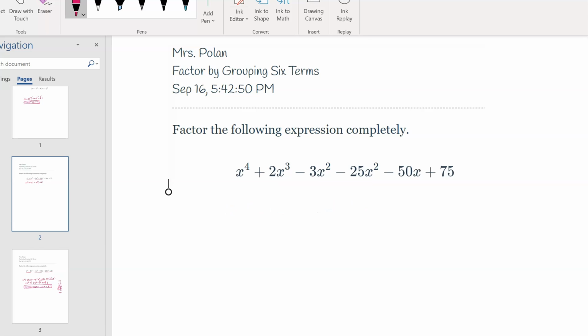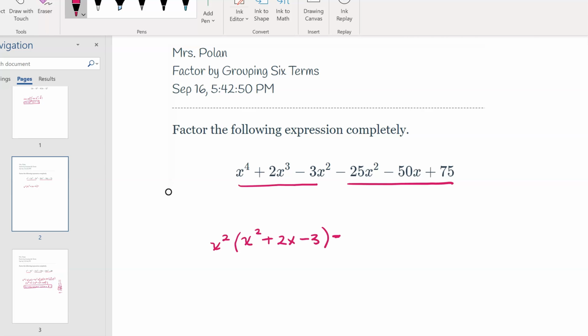So if it doesn't work when you try to pair up in 2's, try pairing by 3's. So with the first group of 3's, or the triplets, I'm going to factor out an x squared. And if I divide each term by x squared, I get x squared plus 2x minus 3, because negative 3x squared divided by x squared is negative 3. For the second grouping, again, you never want to have a negative leading coefficient, so I'm going to factor it out.